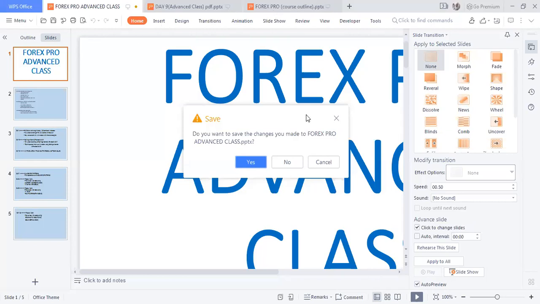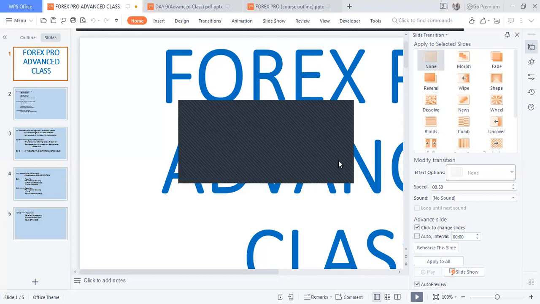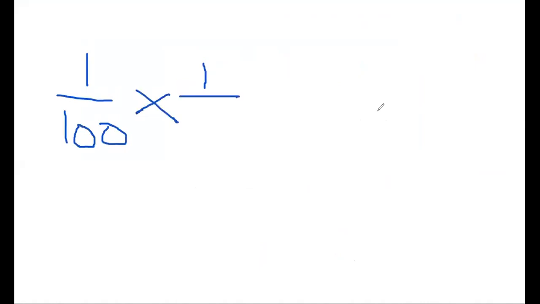Are you with me? Now, let me share my screen. If you have something like 1/100, a pip was actually generated from 1/100 times 1/100. One times one is what? 1. 100 times 100 is what? 10,000.